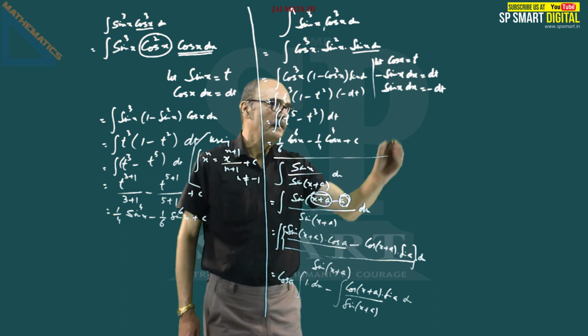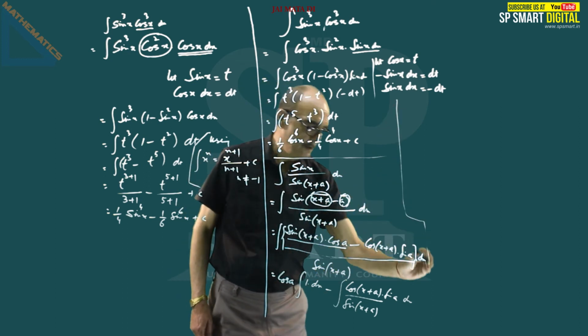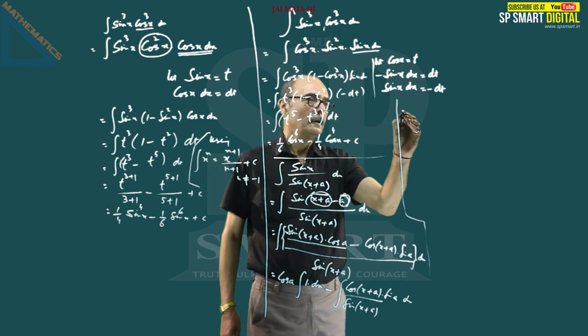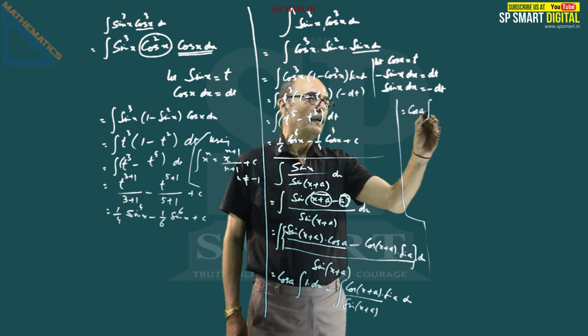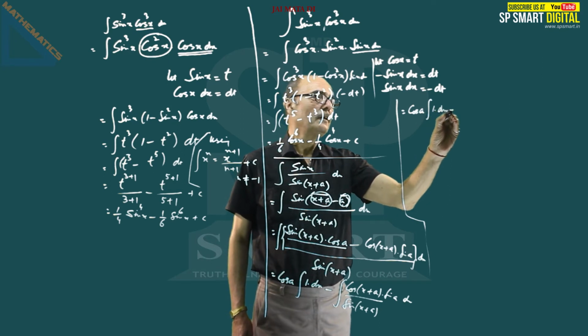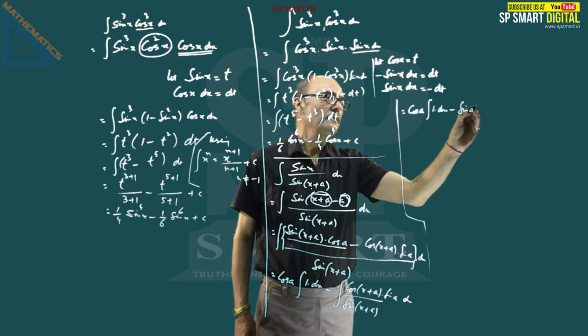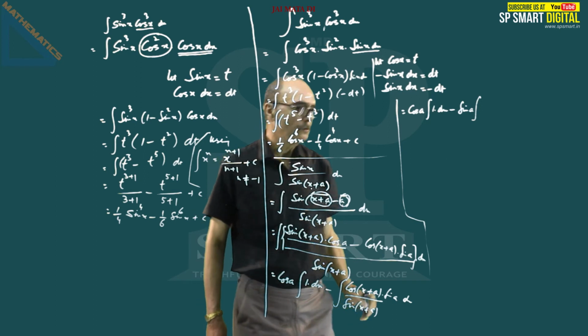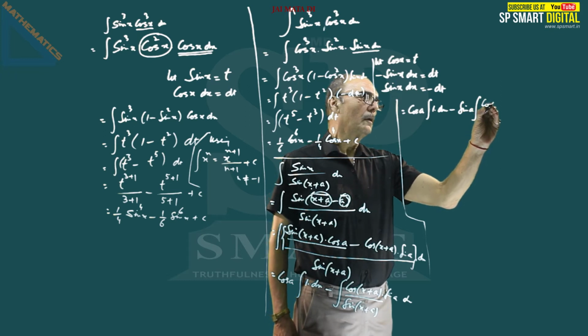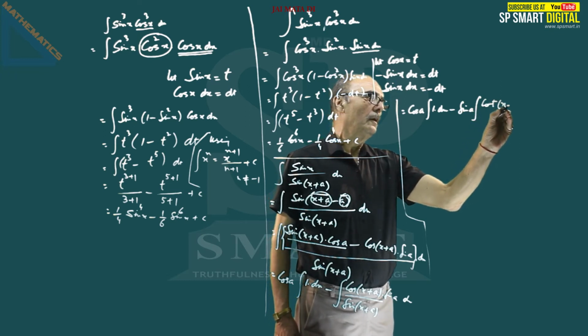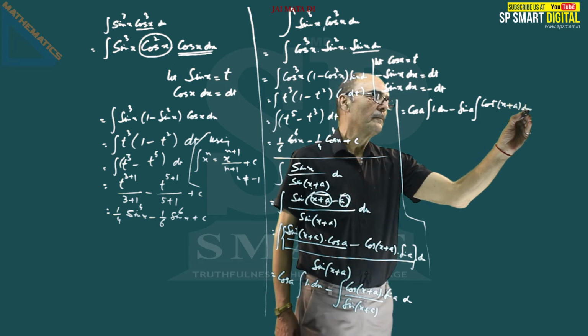So, I can further write one step. This is cos A, 1 into dx, sin A is again constant. So, this is cot of x plus A dx.